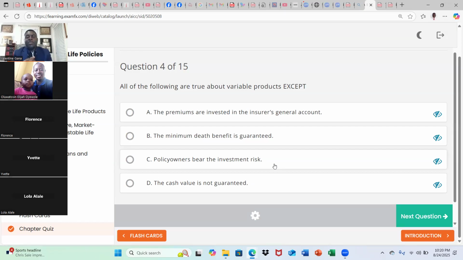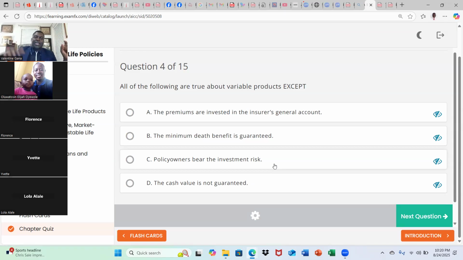B says the minimum death benefit is guaranteed. Remember that for variable products, the minimum death benefit is guaranteed, because part of the premium goes to pay for a death benefit, and that minimum death benefit is guaranteed.